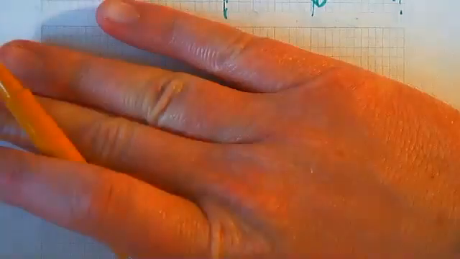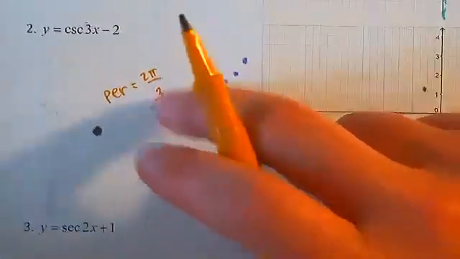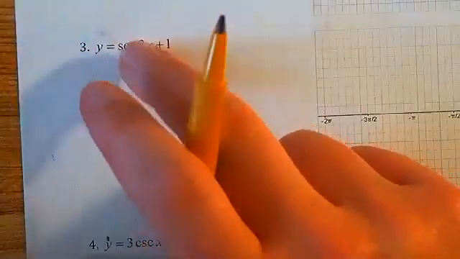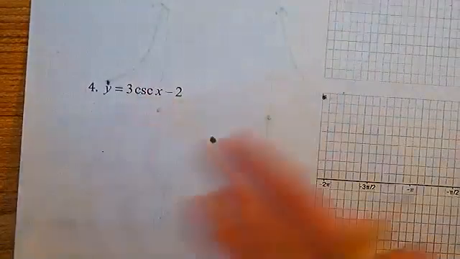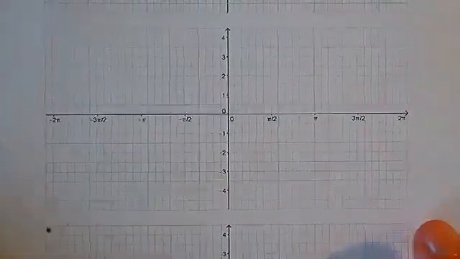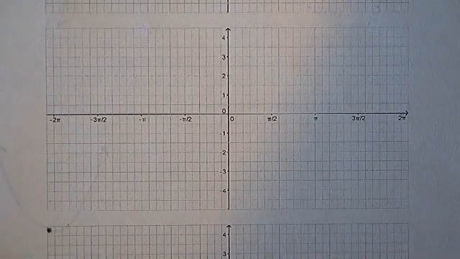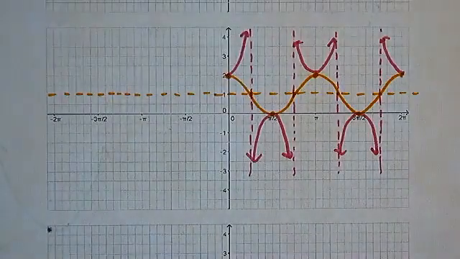We actually skipped this one. You will never have a period that is this ugly, so don't worry about that one. So never mind. You have 2 to do. So go ahead and do number 3, and then we'll do number 4. We'll try number 3 first, and I'll pop back up with the answer.